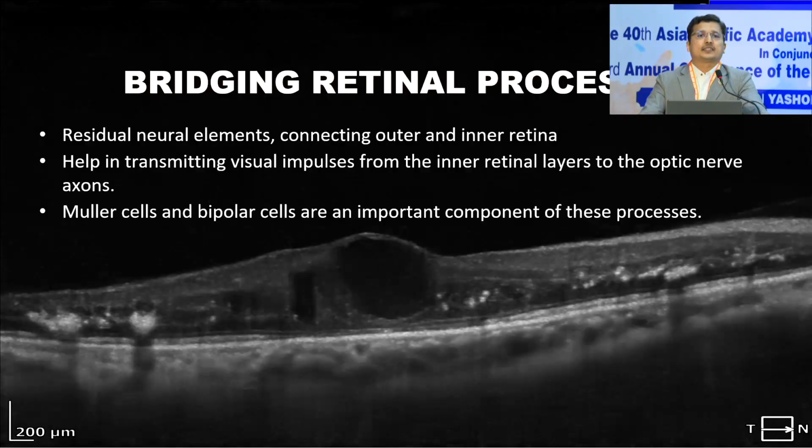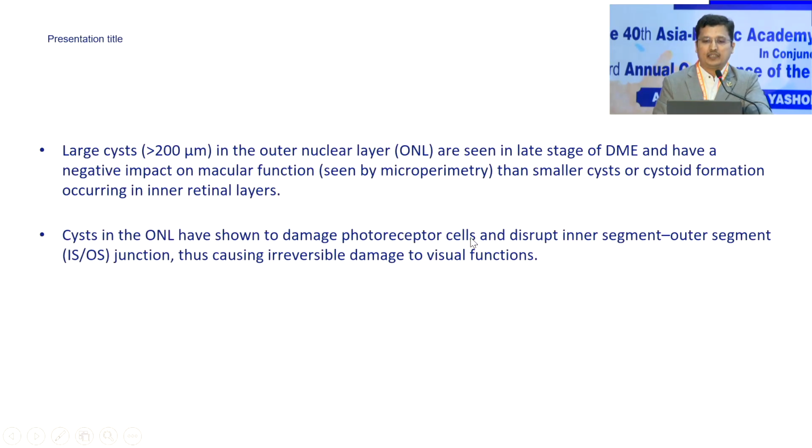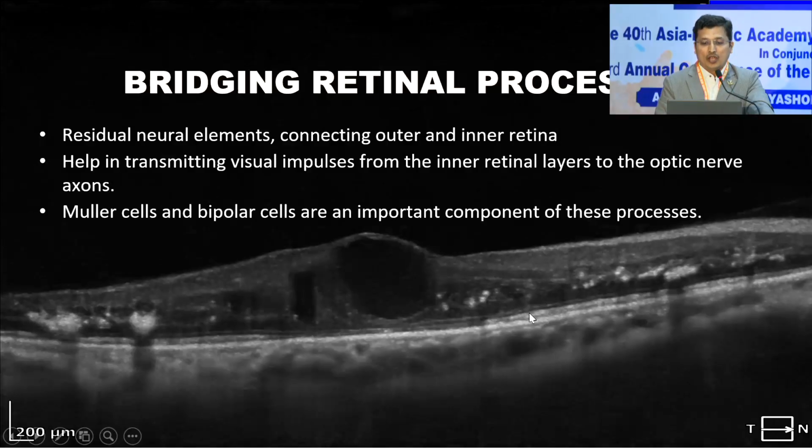So as the cysts persist, and the bridging processes that you see, there are so many bridging processes here. There are these junctions that connect the inner and the outer layers, and the cysts coalesce and there is loss of junctions. Once these junctions are lost, this is a telltale sign of chronicity.